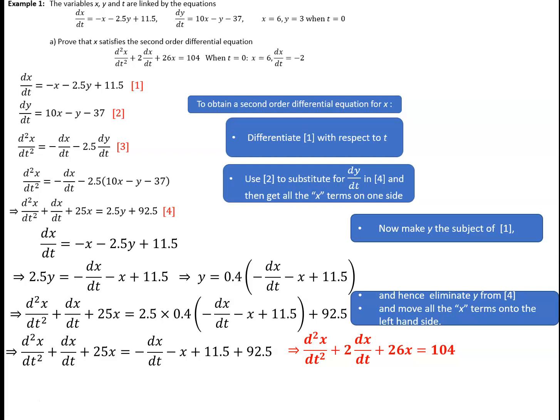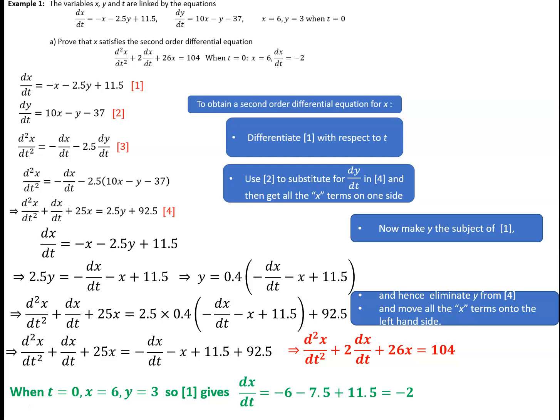We've still got to just check on the initial conditions. So when t equals 0, we're told that x equals 6 and y equals 3. So making use of equation 1, we've got dx by dt is minus 6, take away 3 times 2.5, which is 7.5, add 11.5, so that gives me dx by dt equals minus 2.